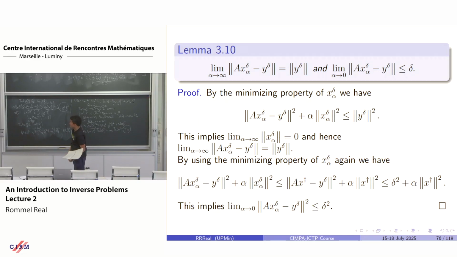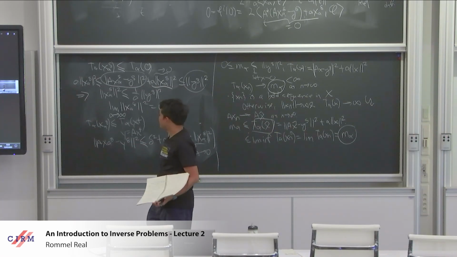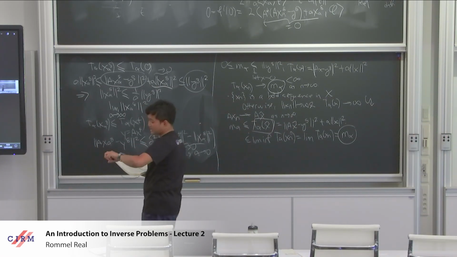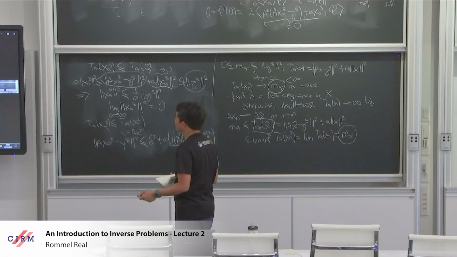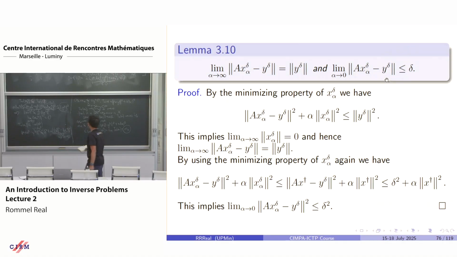Now, if you take alpha going to 0, this thing here goes to 0. Therefore, by taking limits on both sides, we'll have the second result. Okay? Just some elementary results that we need.